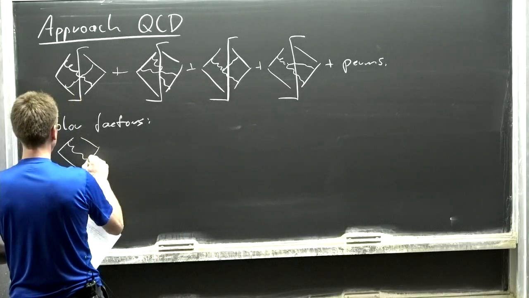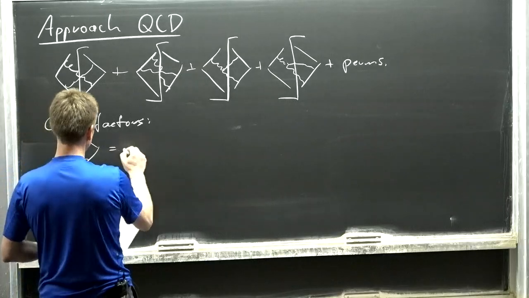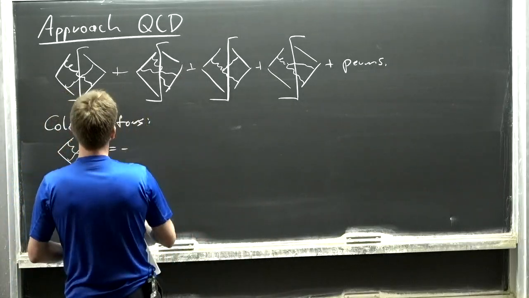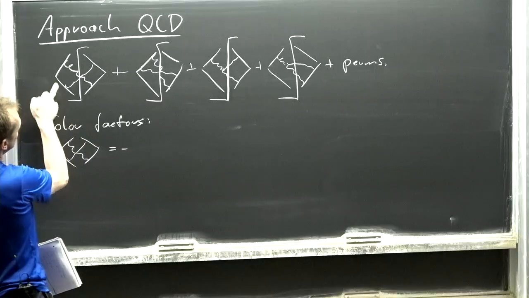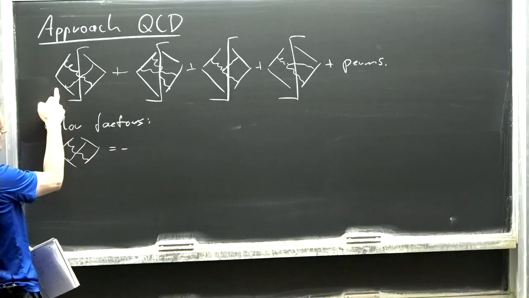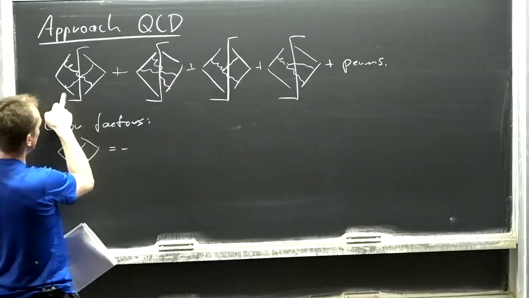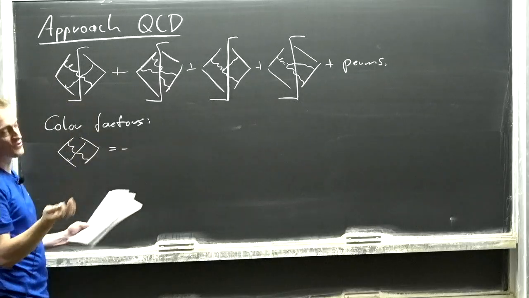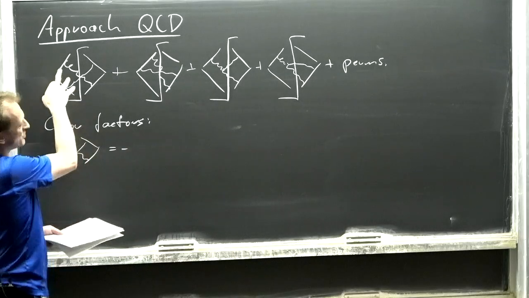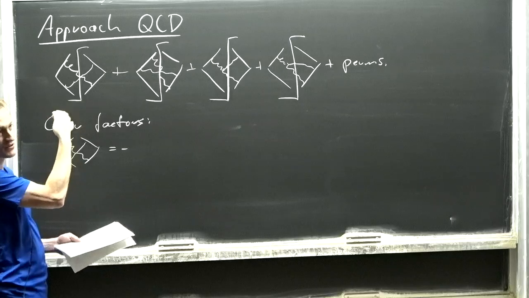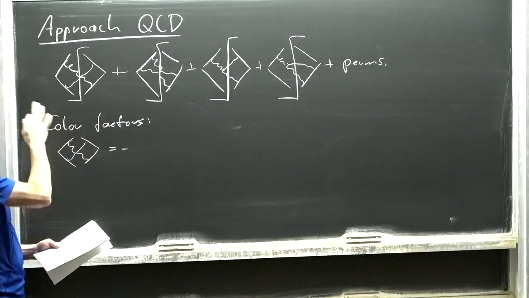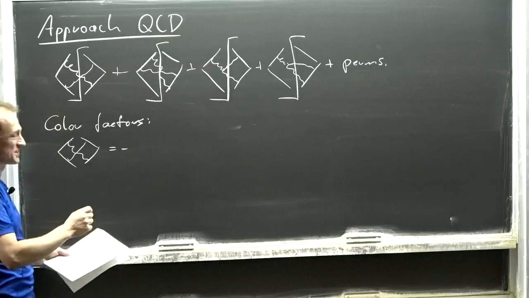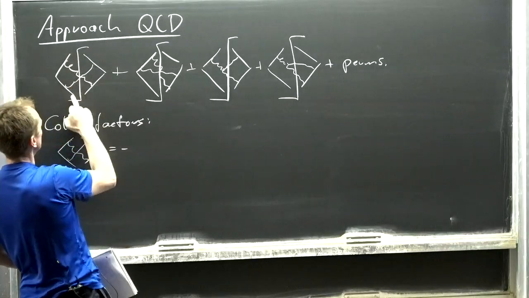So if we think about the color factor of the crossed box, and let me assume that these two guys here were quarks, okay? So my initial color charges, and this is really just to make it more convenient, because if they were gluons, we wouldn't see any difference because everything comes with a C_A. So I need something that has a different color charge to make explicit what happens here. So let's assume these two things are quarks.